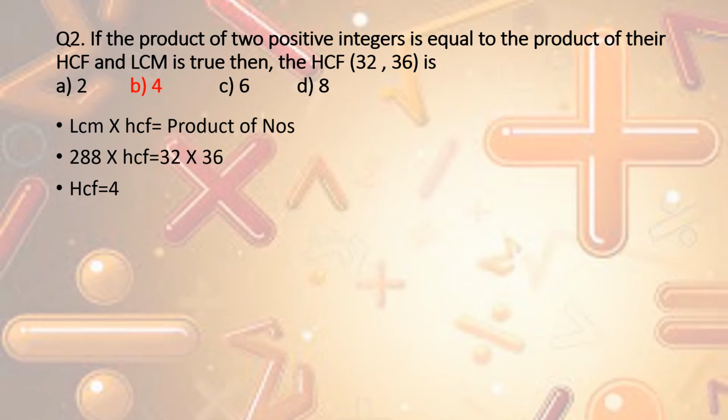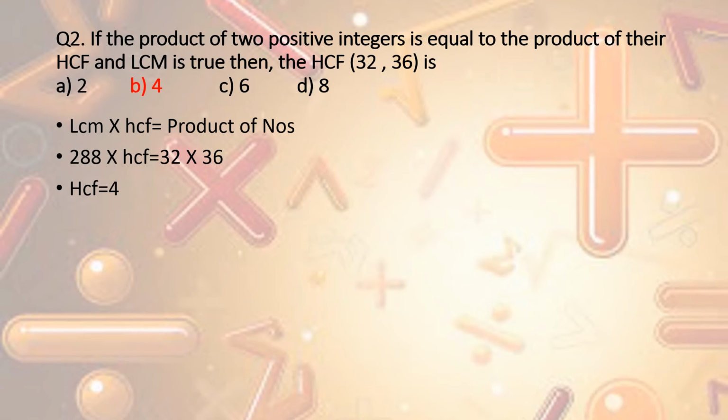Next we have, if the product of two positive integers is equal to the product of their HCF and LCM is true. That means we are having this direct result that LCM into HCF is equal to the product of the numbers. This is the direct result only. So what will be the HCF of 32 and 36?